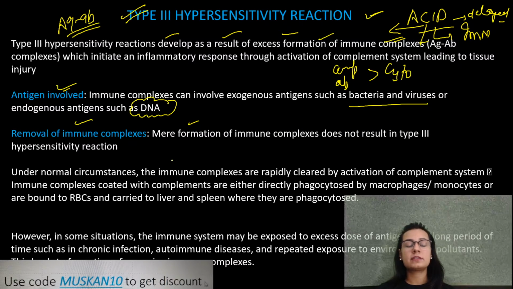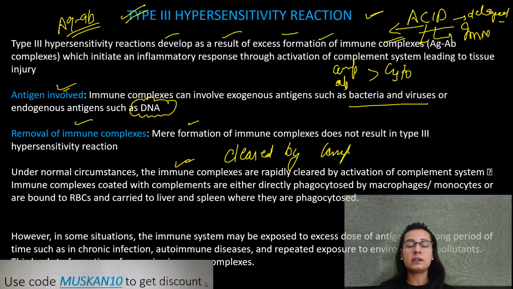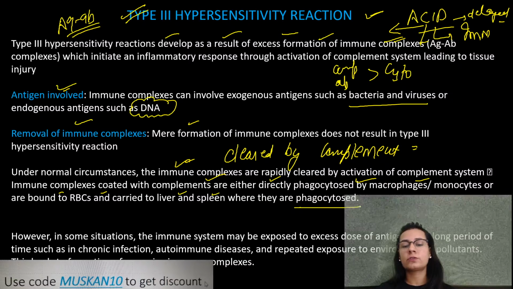Under normal circumstances, immune complexes are cleared by the complement system. Immune complexes coated with complement are either directly phagocytized by macrophages, or bound to RBCs and carried to the liver and spleen where they are phagocytized.